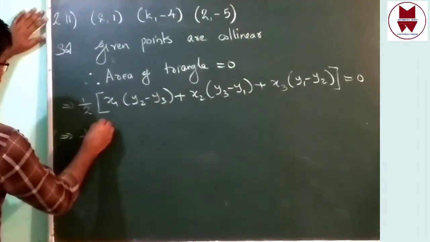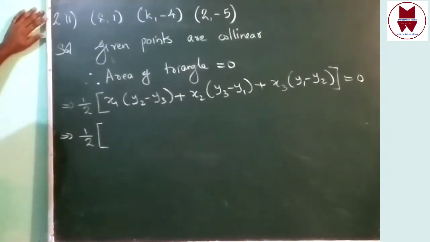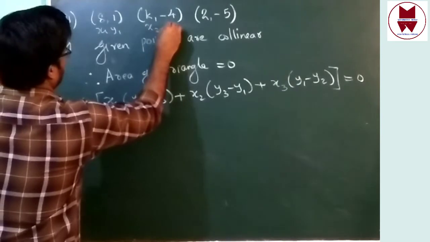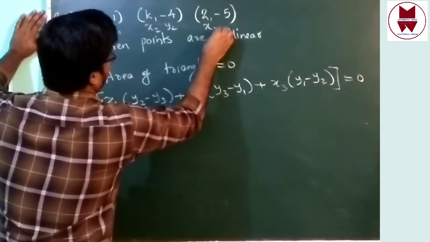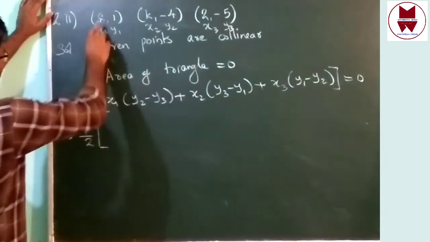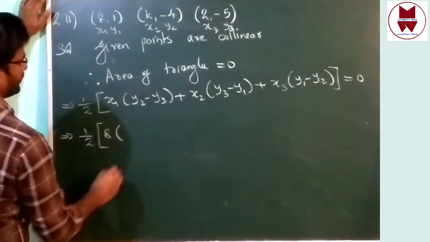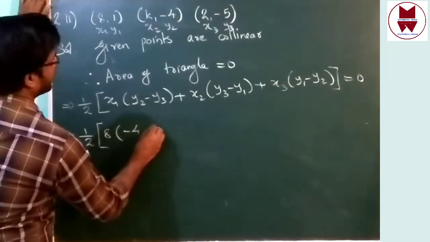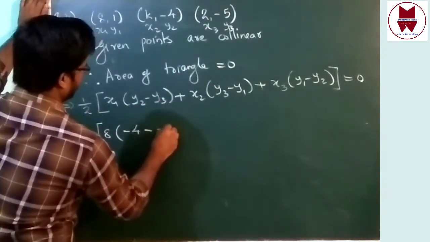1 by 2. We can give all the values. In here, this is x1, y1. Second point is x2, y2. Next, x3, y3. x1 is 8, y2 minus y3. y2 is minus 4, minus y3 is minus 5.